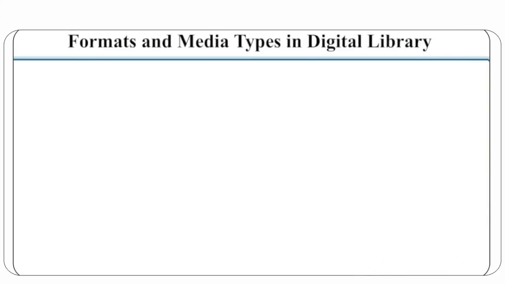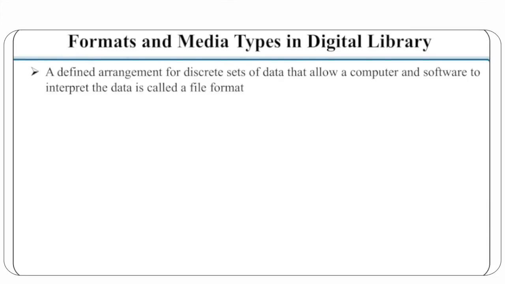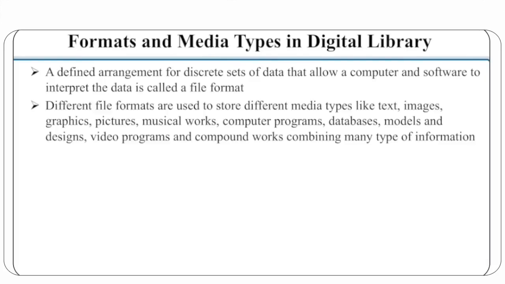For a digital library, formats and media types also play an important role. A defined arrangement for discrete sets of data that allow a computer and software to interpret the data is called a file format. Different file formats are used to store different media types like text, images, graphics, pictures, musical works, computer programs, databases, models and designs, video programs, and compound works combining many types of information.